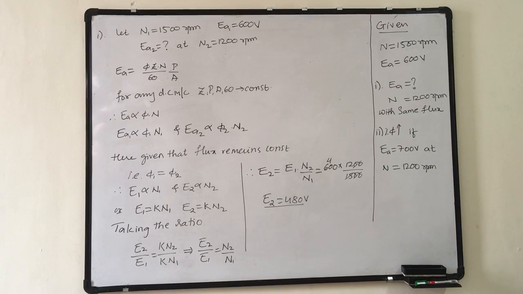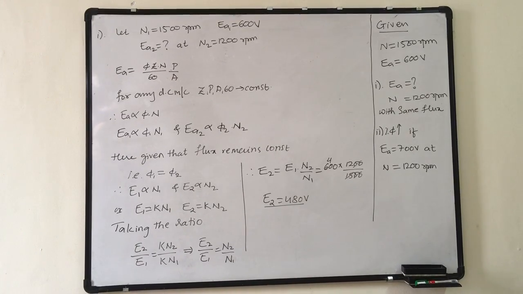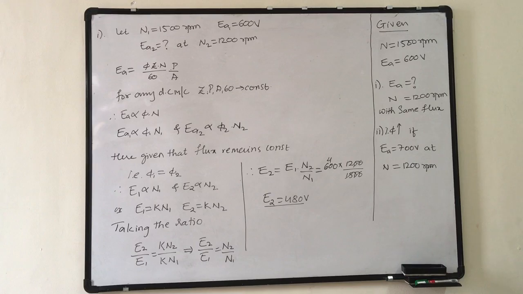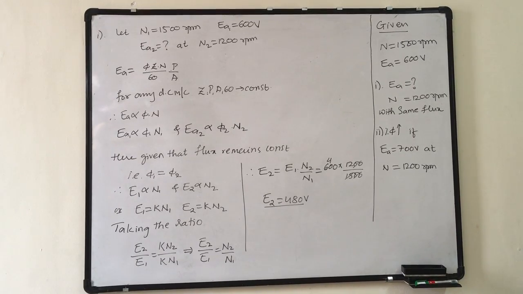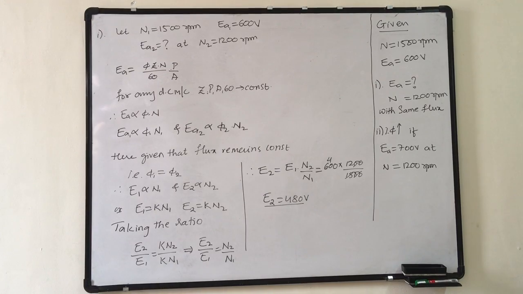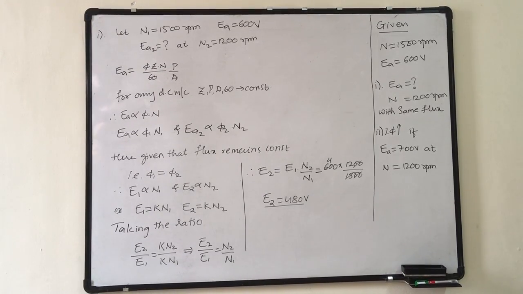Now in the second case, I am reducing the speed but I want an increased EMF. In case number 2, it is asked to find the percentage increase in the flux if the voltage is 700 volts. The induced EMF is 600 volts at 1500 RPM, but the induced EMF is 700 volts at 1200 RPM.